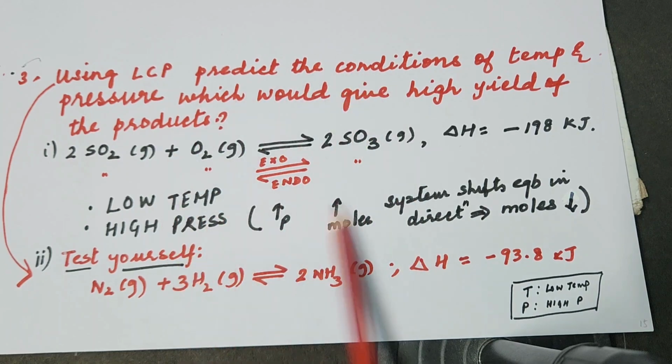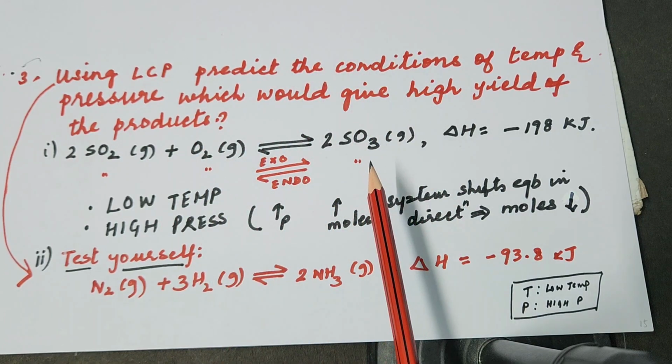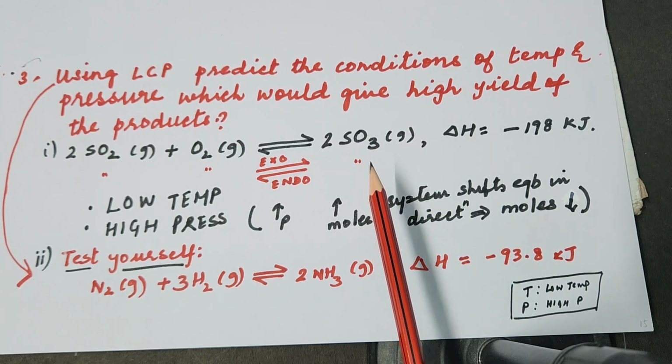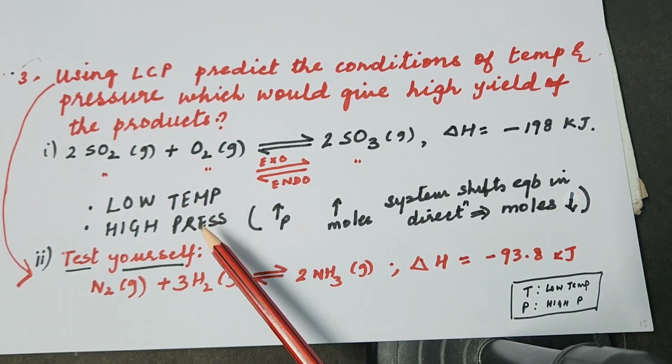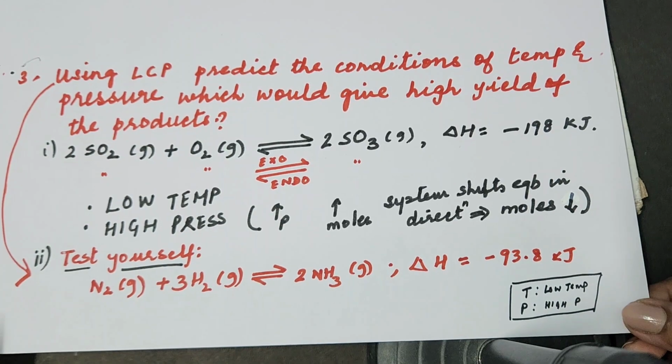So this is an application of LCP helping you to understand how to improve the concentration of the product concerned. And you can test yourself for this Haber's process. N2 gaseous plus 3H2 gaseous, 2NH3, del H is given as minus some value of kilojoules. Identify the conditions of temperature and pressure which would allow us to improve the yield of ammonia.